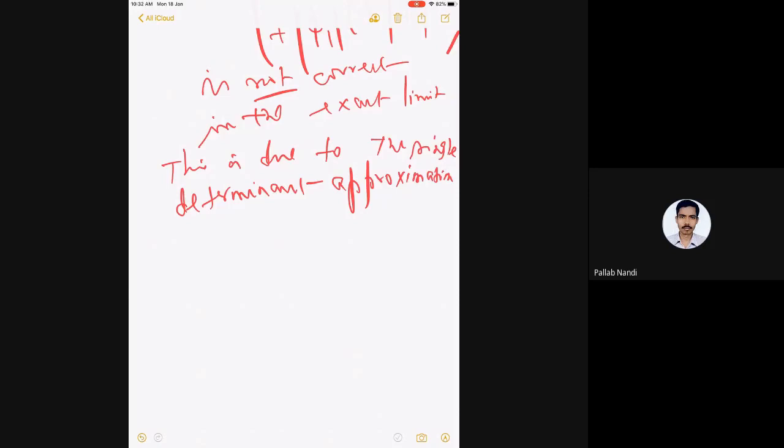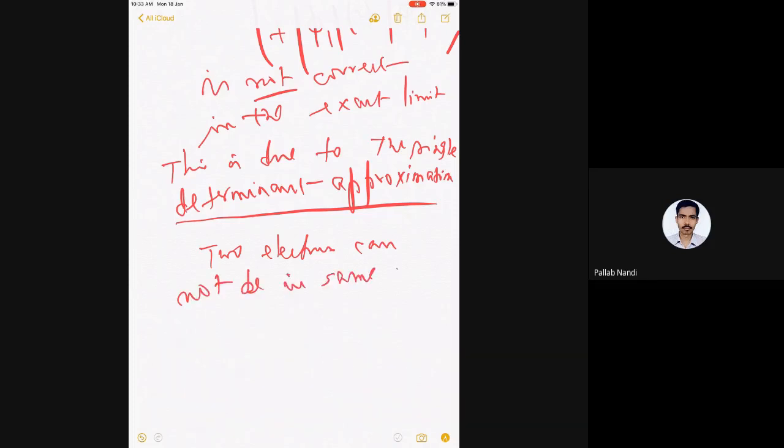Please try to understand. In a single determinant, you have only the Pauli principle, which says the two electrons cannot be in the same space with the same spin. Right? That's what you think qualitatively. It's a very qualitative understanding of the Pauli principle.